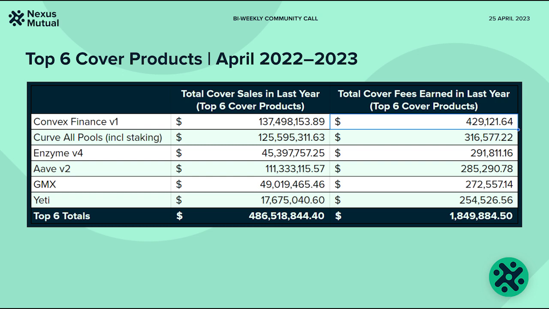We are continuing to see interest in these products, with the exception of Enzyme V4. We have earned about $1.9 million in total cover fees from this top 6, and this accounts for 48% of the total annual fees paid last year, which is $3.9 million.